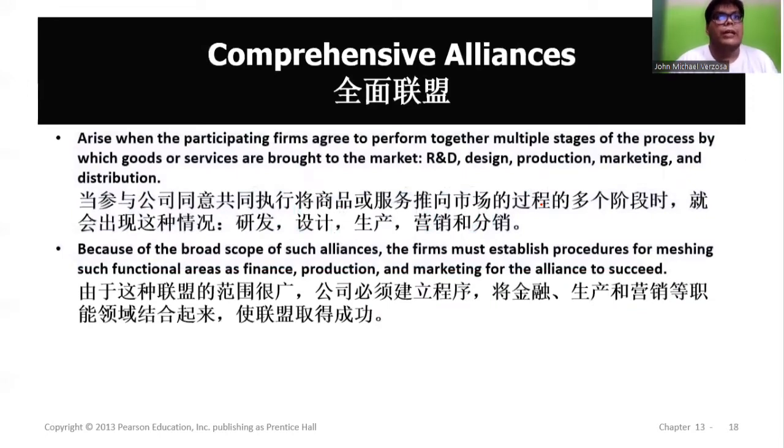We have two types. We have first the comprehensive alliances.